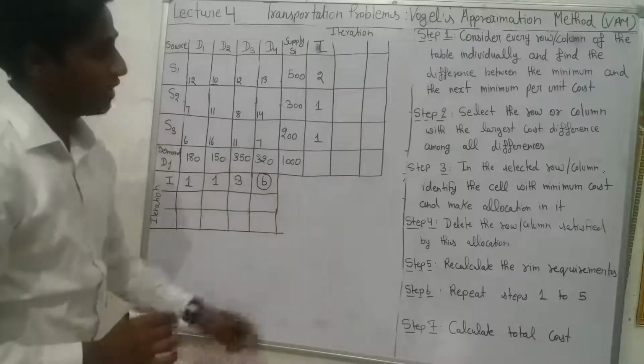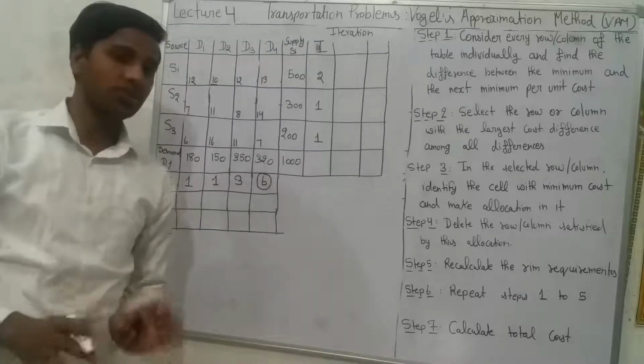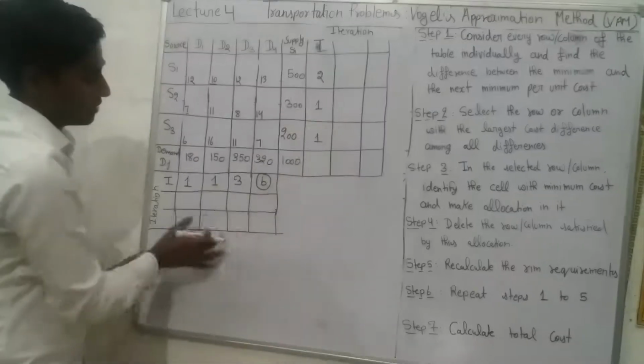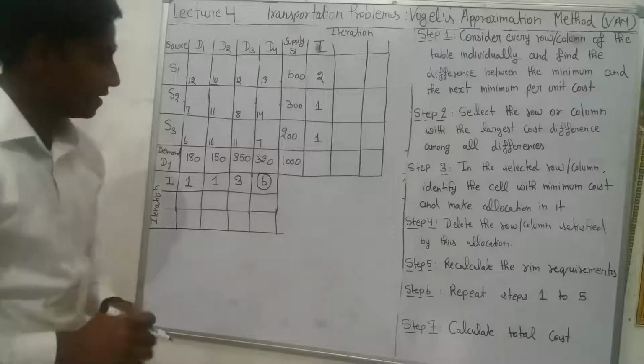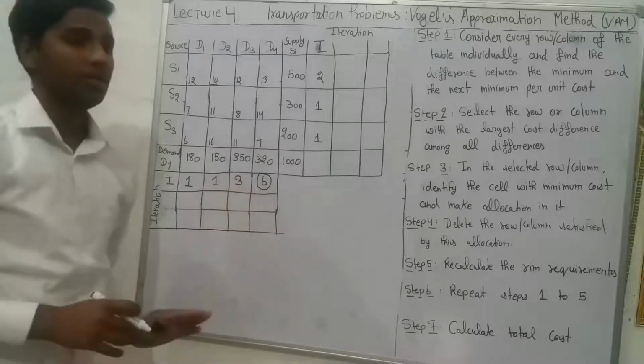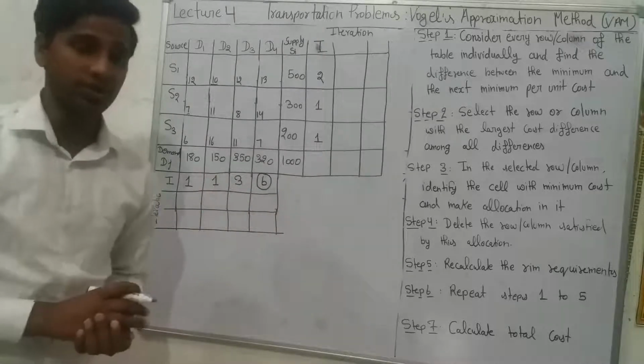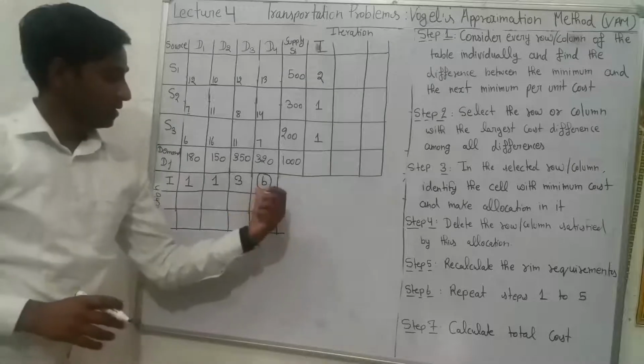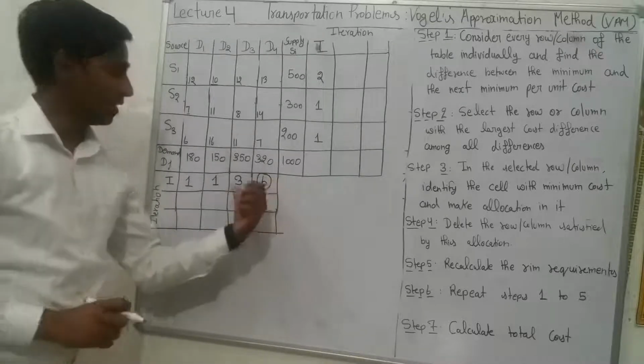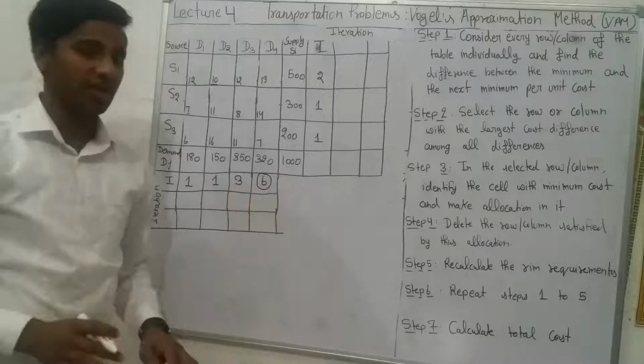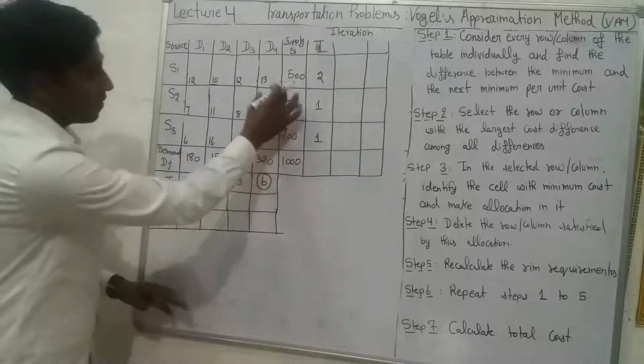So what we have to do? We have to select the largest cost difference among all the differences. So 6 is the largest. What is the reason behind selecting the largest cost difference? Because 6 shows that we are paying the maximum penalty in column 4.